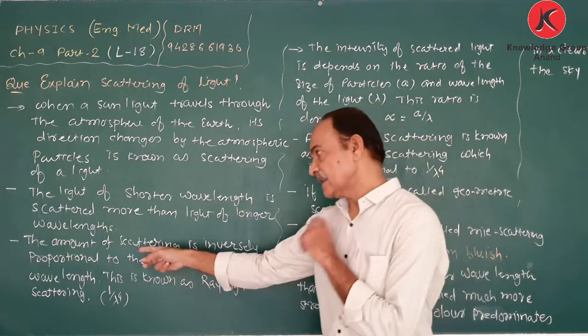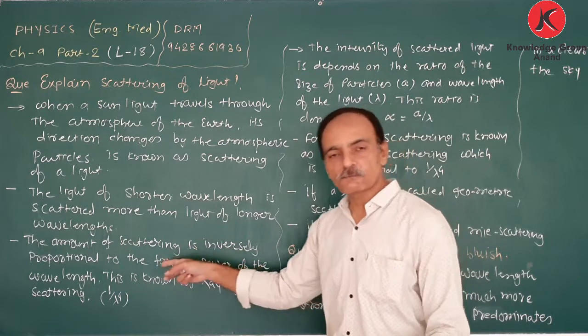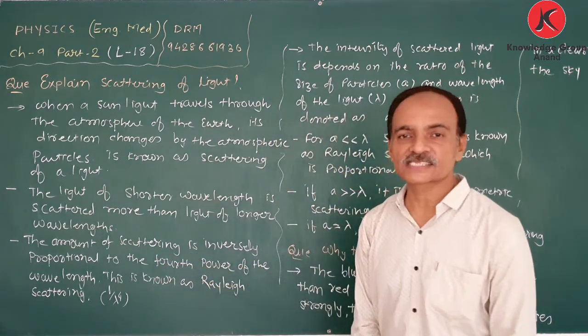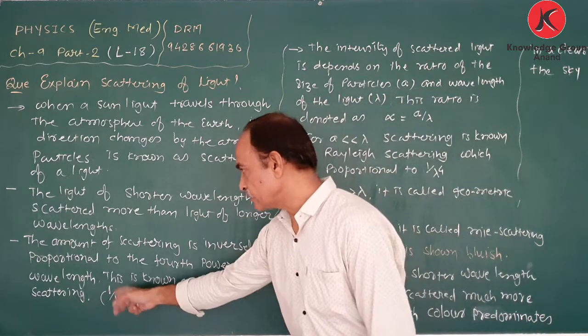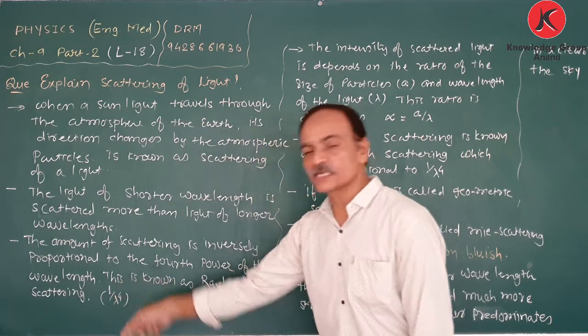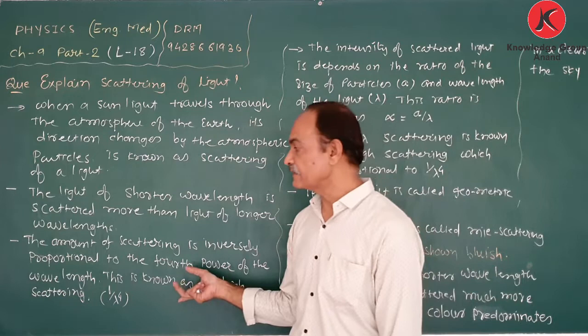That means the amount of scattering is inversely proportional to the fourth power of the wavelength of light, and that is known as Rayleigh scattering. According to that, the scattering intensity or amount is proportional to 1 upon lambda to the power 4. So sometimes an objective question may be asked from that.